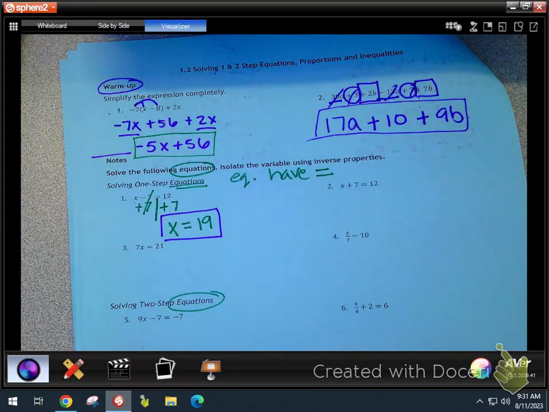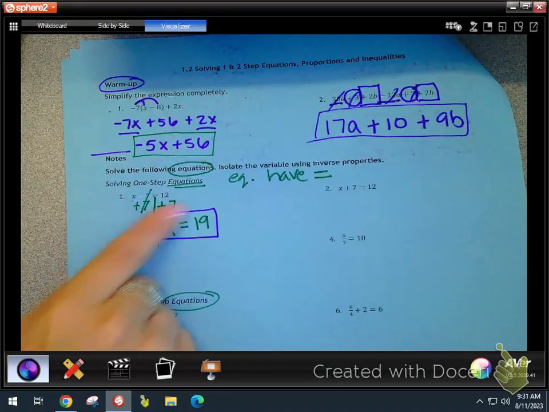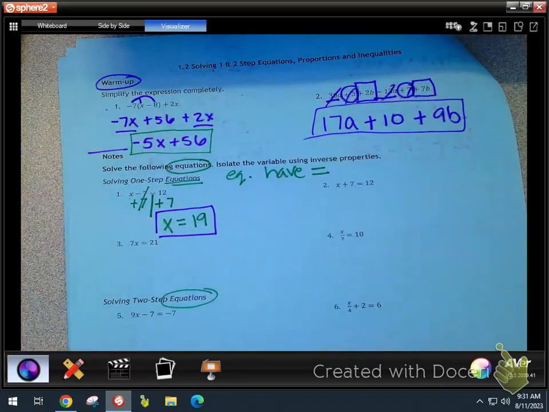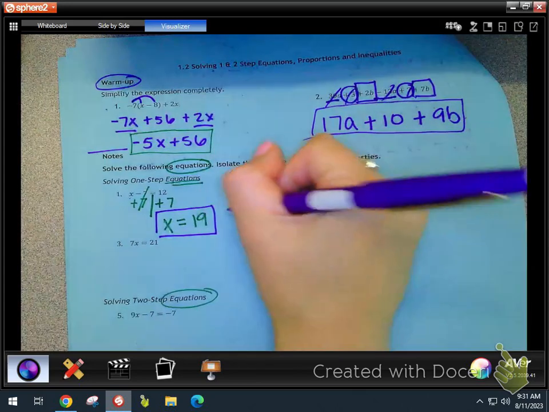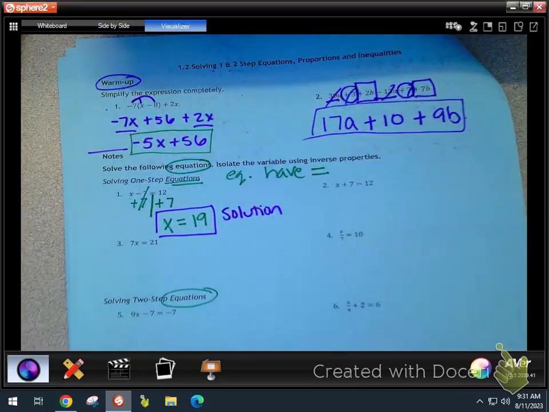Exactly. When you find the solution, your whole question is, hey, what number is going to make this true from the start? And so you can go back. Here's what's nice about solving equations versus yesterday or whatever day we had. When you get a solution to an equation that has an equal sign, you can always check it.